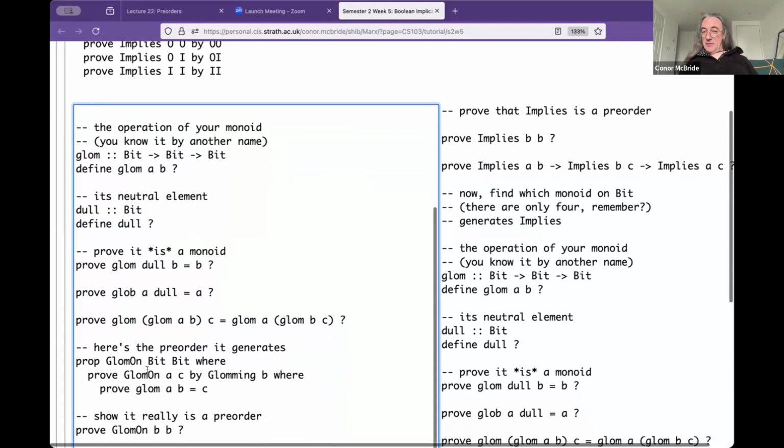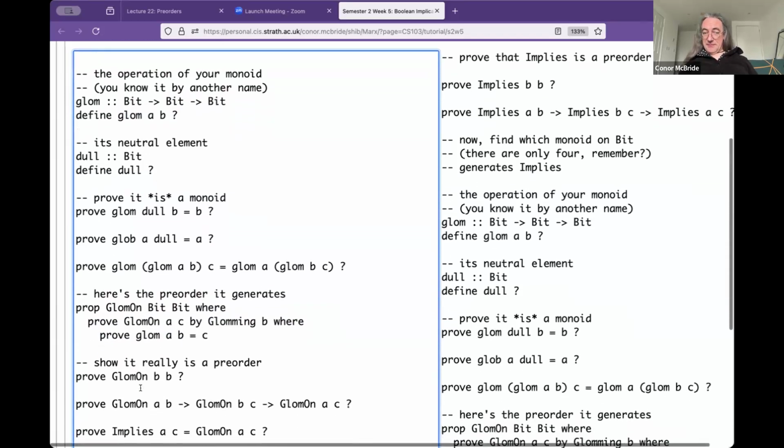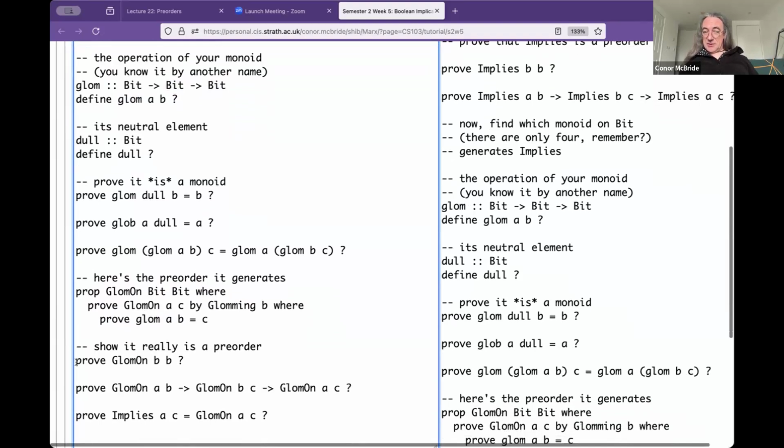And then you need to prove that you really do get a preorder from that operation. So you've got to show it's a preorder, and you've got to show that it's a preorder that's equivalent to implies.